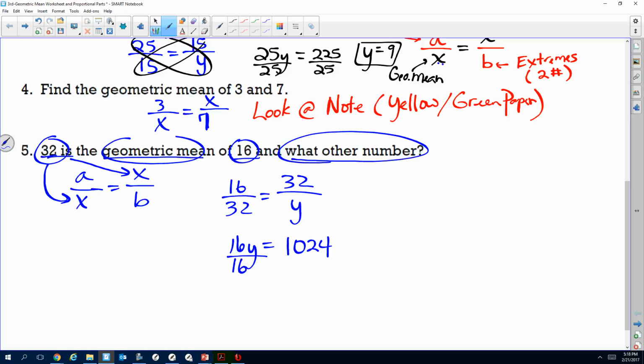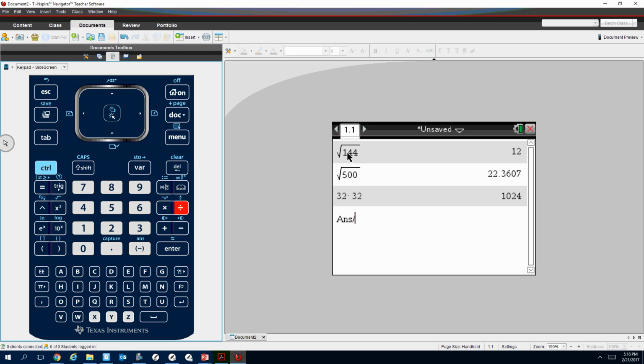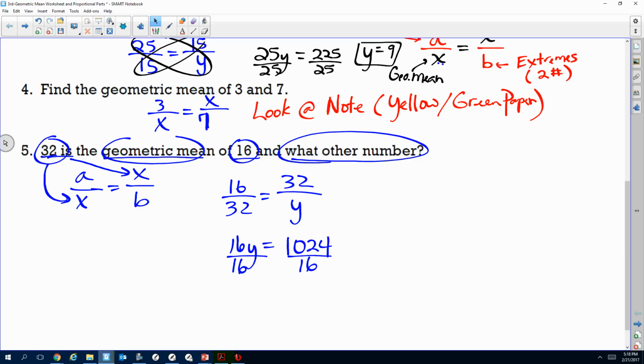Then we're going to divide by 16. So either on your cell phone, hopefully your calculator, we get 64. Okay. So y equals 64.